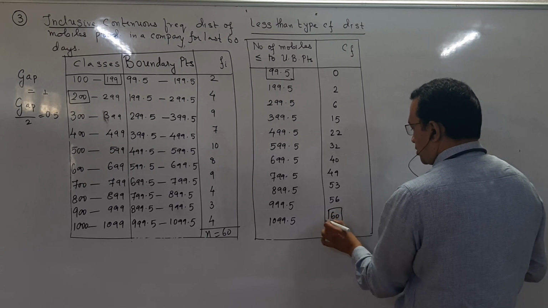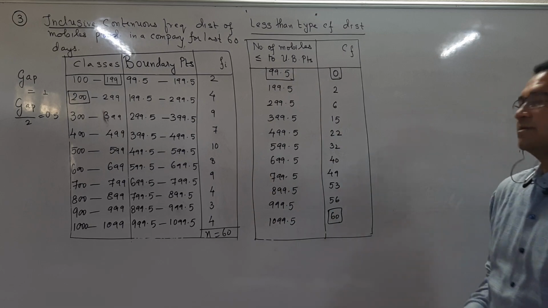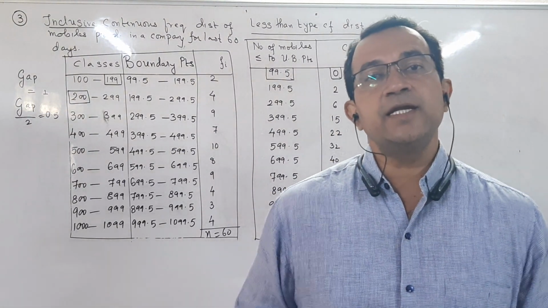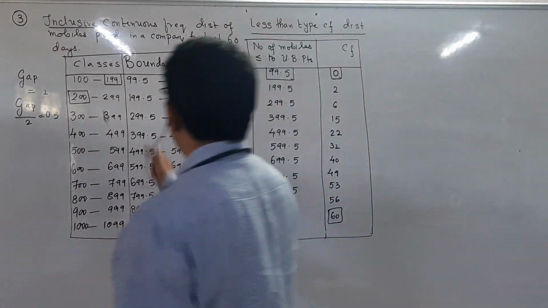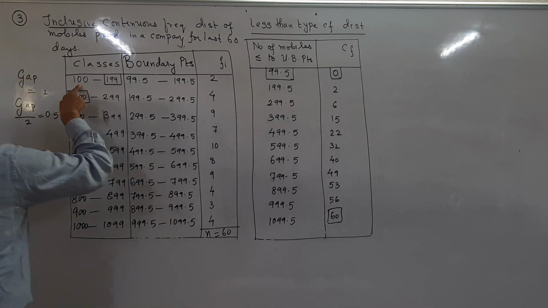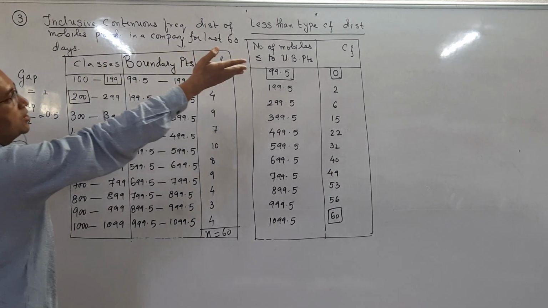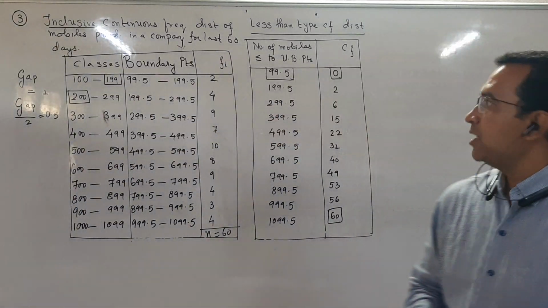We add total frequency and we start with 0. This much you remember. There is no frequency for less than 99.5, so we have started with 0, because our first class is starting from 100. So do we have any value less than 99.5? No, so its cumulative frequency is 0.